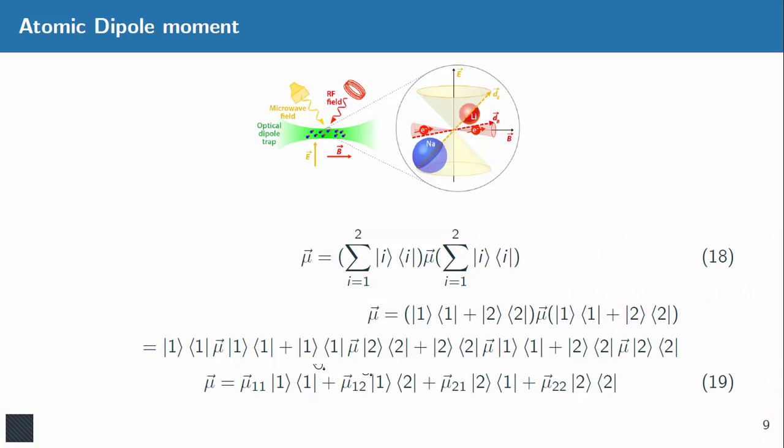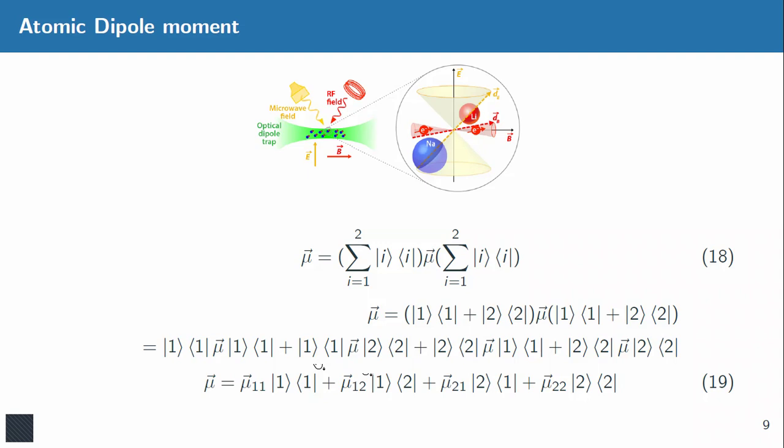So we could see that we have the sandwich terms, the first one as cat1 cat1, and the cats and the bras are sandwiching the dipole moment. These are just the expectation values, and these are usually defined as the dipole matrix elements.